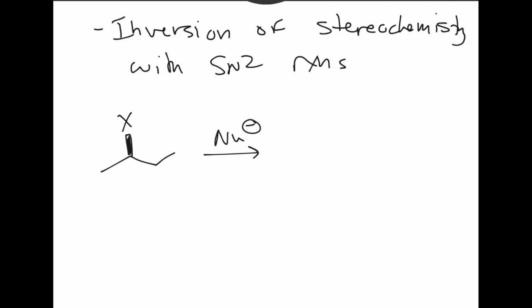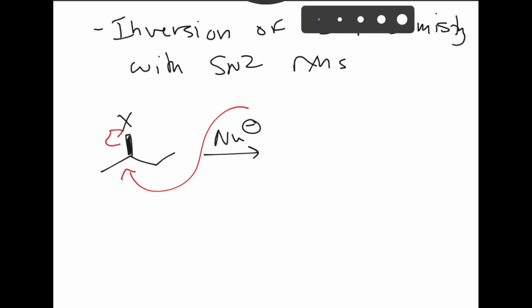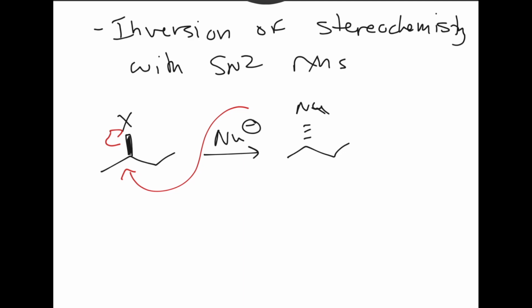You have to come from behind the leaving group, behind your halide. So if your leaving group's pointing forward, the nucleophile has to come from behind, and you end up being dashed.